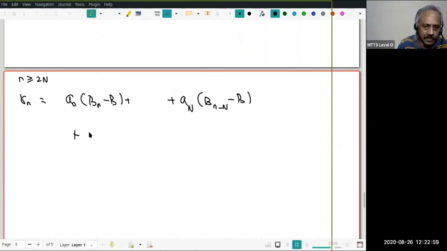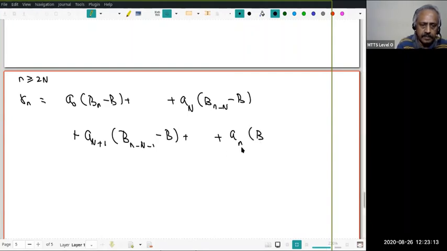Now comes the next one: a_{N+1} times b_{n-N-1} minus b, and so on, up to a_n times b_0 minus b. Is it okay?